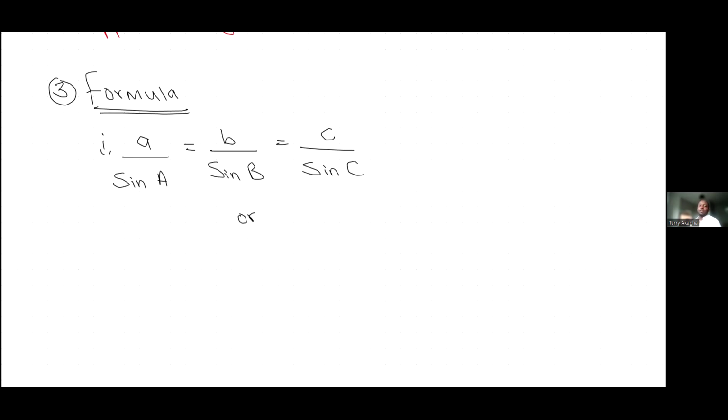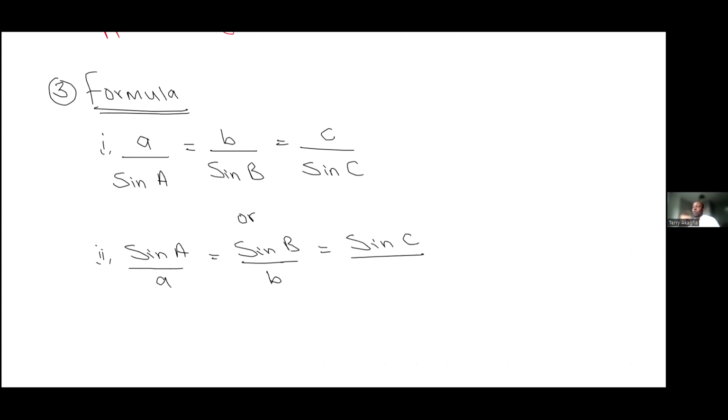Some students prefer it flipped. So you can have it as sine A divided by A equal to sine B divided by B, and equal to sine C divided by C.